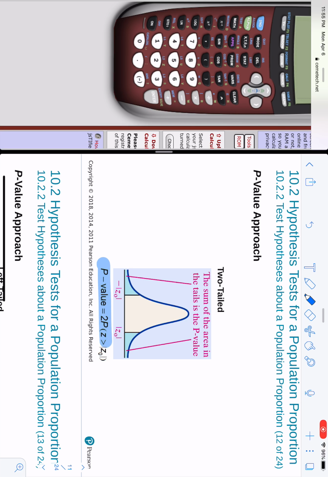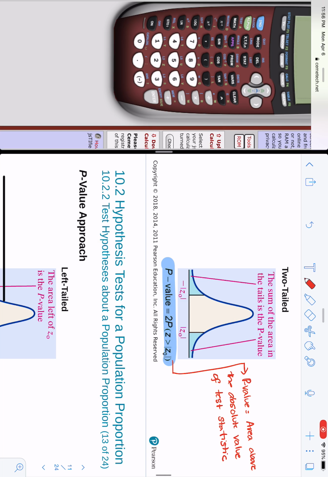So in words, this would simply mean the area above the absolute value of the test statistic multiplied by 2.